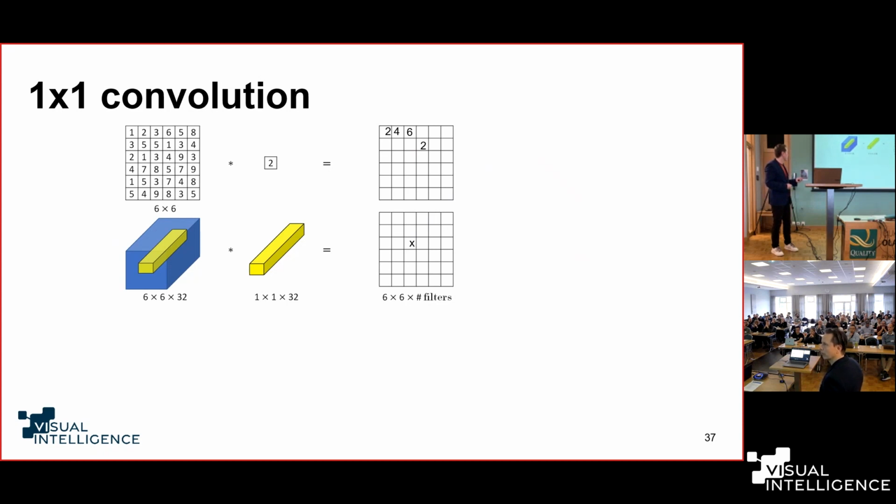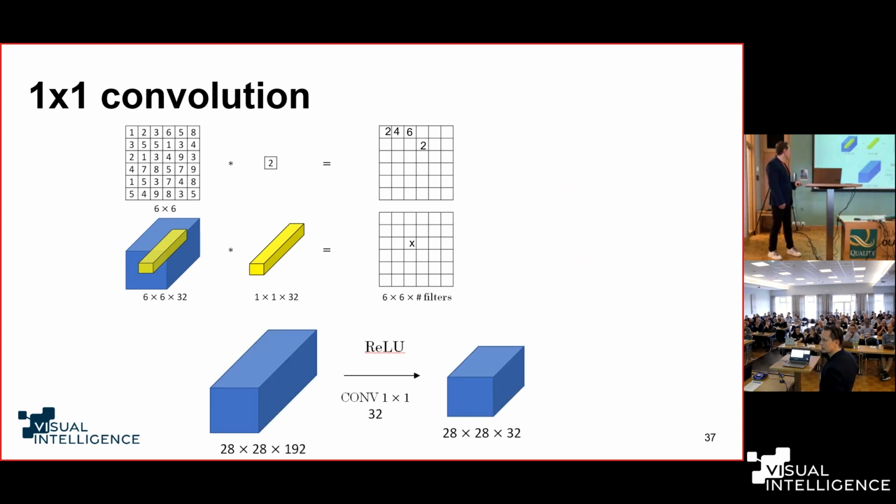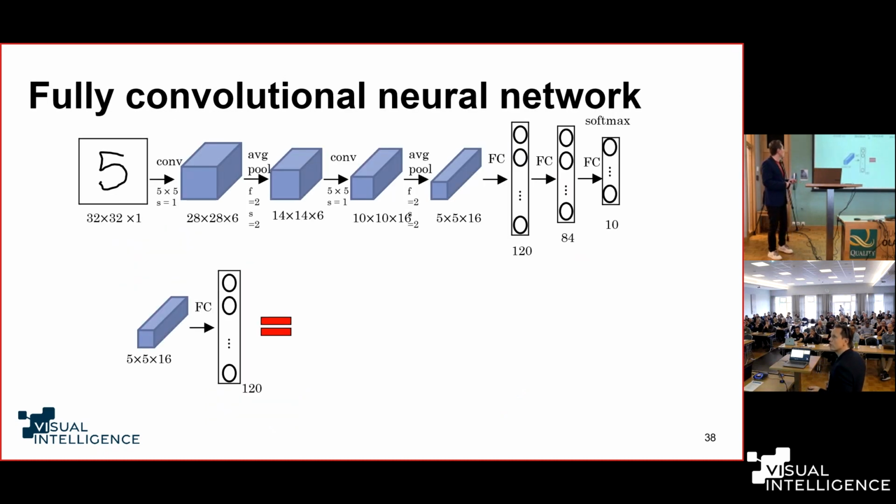Of course I can have a lot of one-by-one filters, and we can use that to reduce the dimensionality, for instance, to go from something 28 by 28 by 192 to something 28 by 28 by 32. And that's very helpful. But it is also very beneficial because now we can look at this operation we have here.